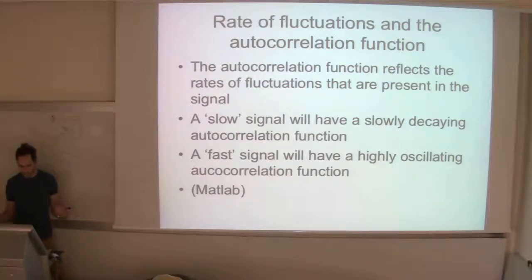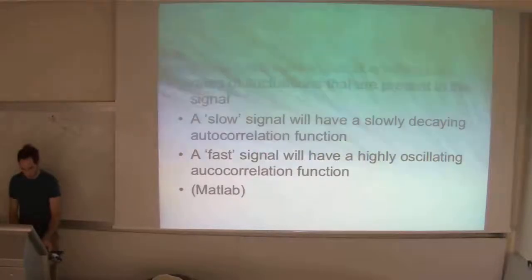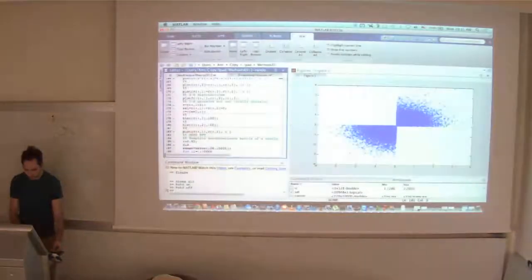And from here we want to get to the FFT, or the Fourier transform. So the autocorrelation function reflects the rate of fluctuation that's present in the signal. Okay, a slow signal will have a slowly decaying autocorrelation function, and a fast signal will have a highly oscillating autocorrelation function. So let's see it.